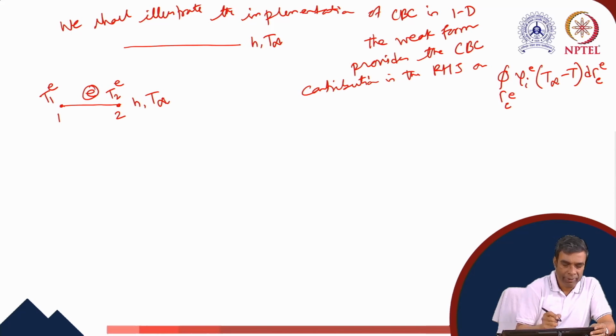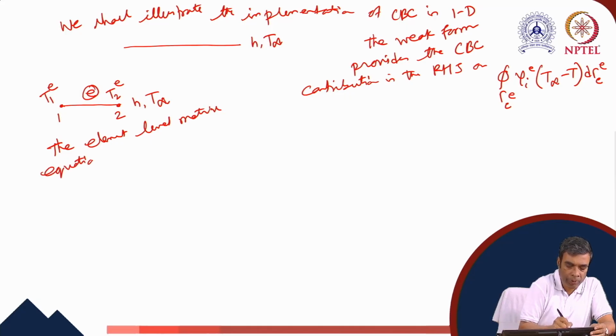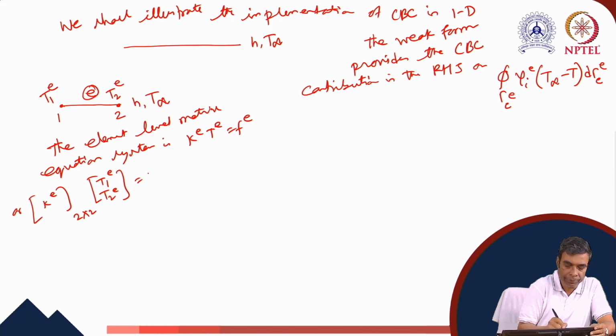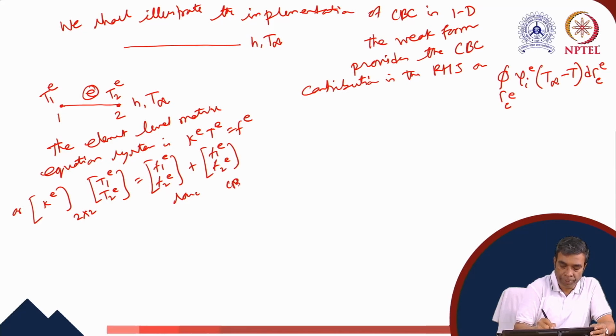For this case, the element level matrix equation system is Ke T equals Fe, where Ke is a 2 by 2 matrix, times T1e, T2e, equals F1e, F2e due to source plus F1e, F2e due to CBC.